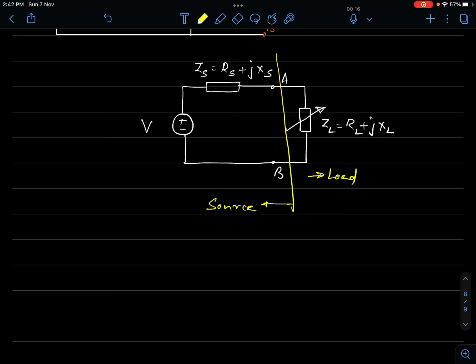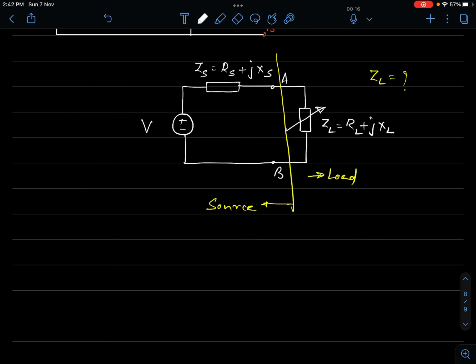If we want the maximum power to be dissipated in this load, what should be the value of ZL? ZL should be such that it absorbs maximum power, or is capable of drawing maximum power from the source.